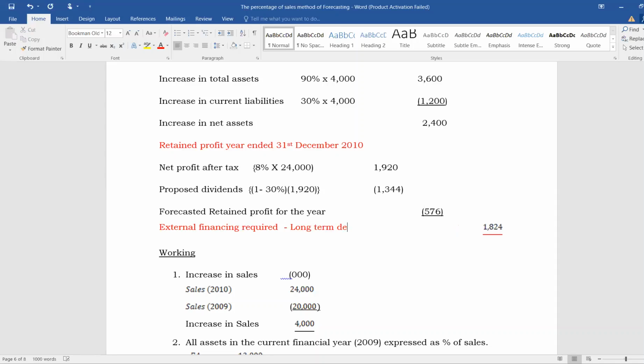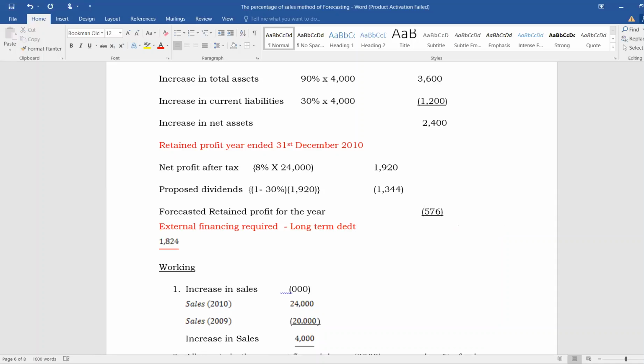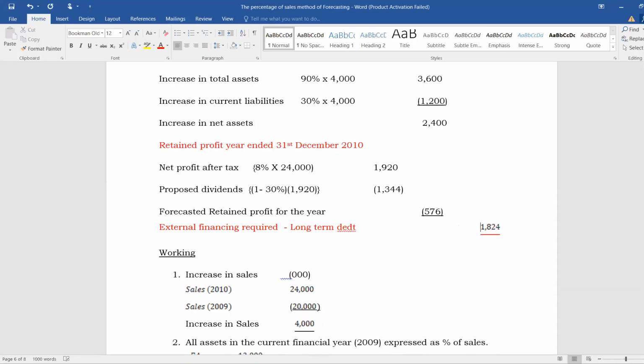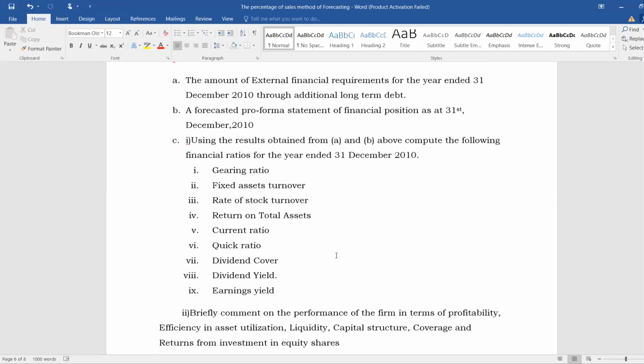Is the question clear? The question tells you so. Does the question mention long-term debt, or is it silent? On the past paper it is silent. That is what I was saying: when it is silent like that, you are allowed to assume.